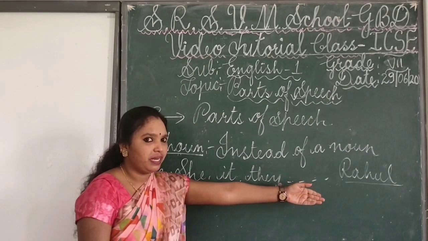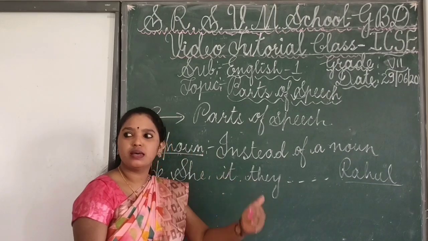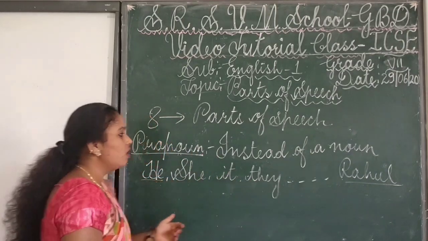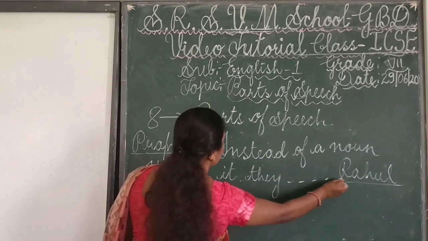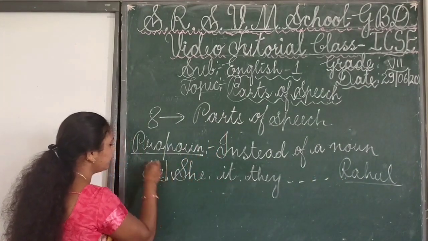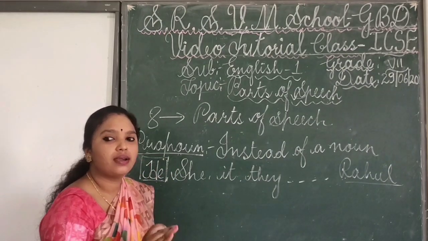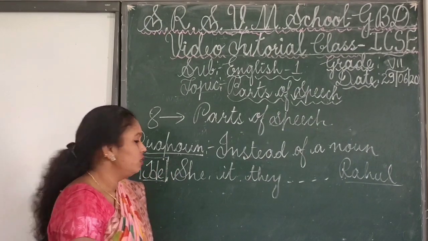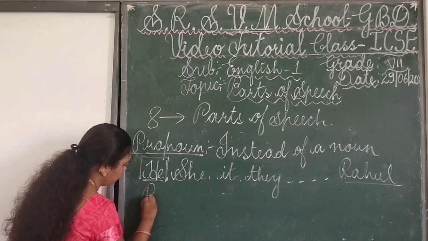It cannot be repeated while I talk or report about him to somebody. So, Rahul should not be used again and again. Instead, we should use he in the sentence just to avoid the repetition of the word Rahul.